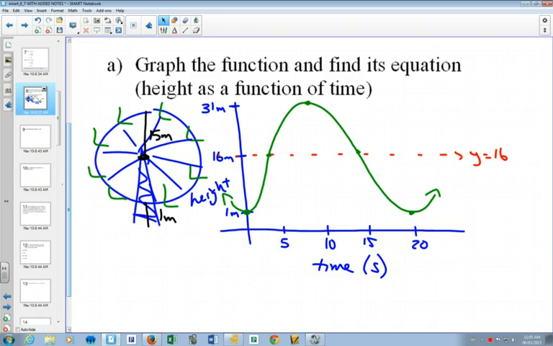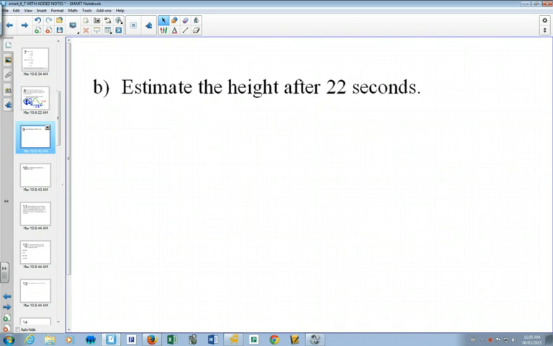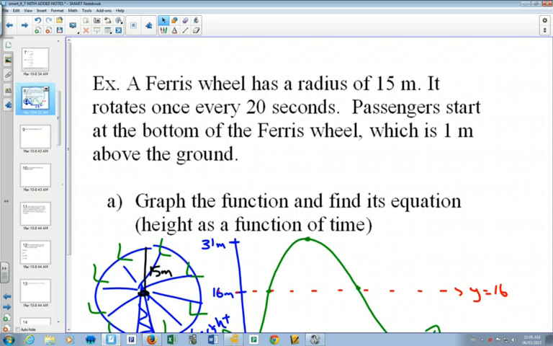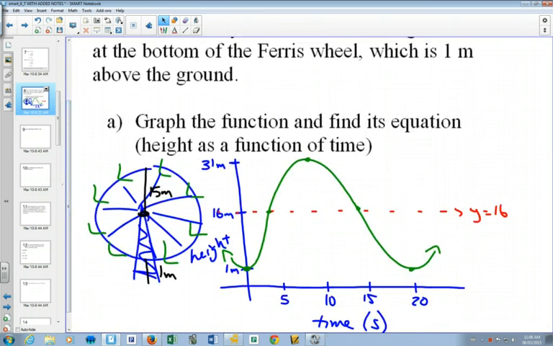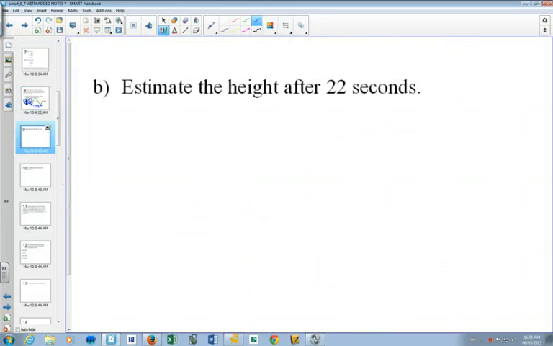So what I'd like you to do is, okay, right here, it says part B, we're going to estimate the height after 22 seconds. Just looking at the equation, where do you think it's going to be at 22 seconds? 3 meters? Sure. That's just an estimate. Just looking at our graph going up and seeing approximately where it will be, we can guess it to be 3 meters.